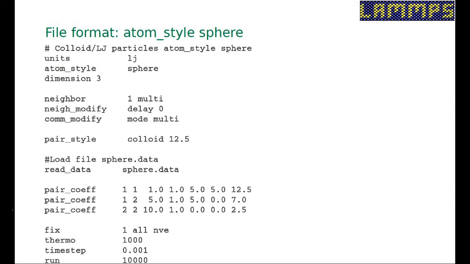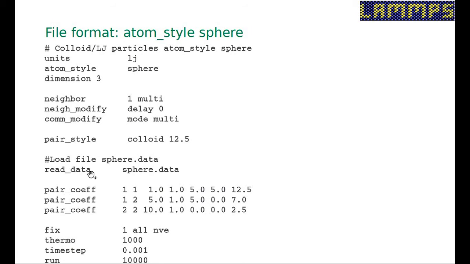Here we have a LAMMPS script showing colloid Lennard-Jones particles using the atom style sphere. We also use Lennard-Jones units. Information about the neighbor list is employed. The pair style, that is colloid in this case.